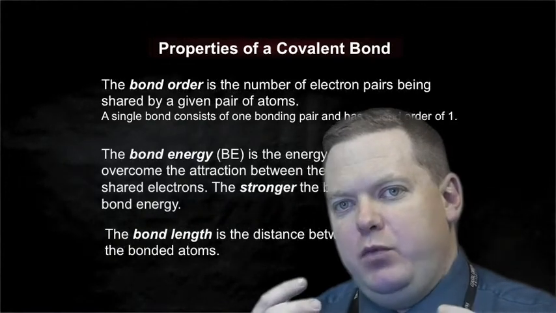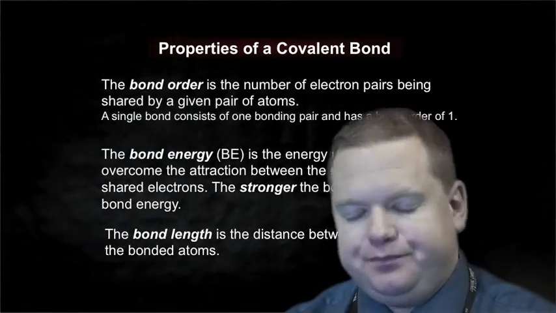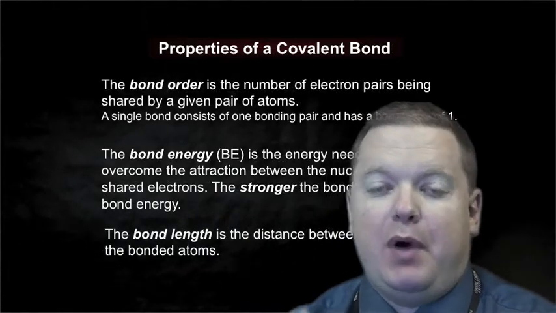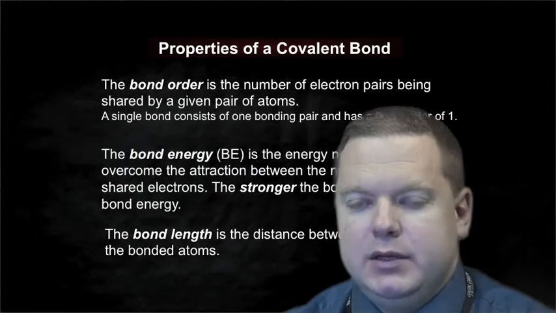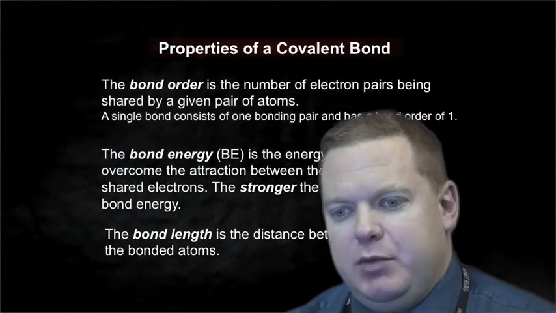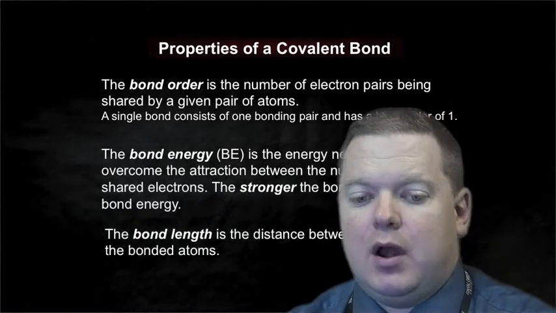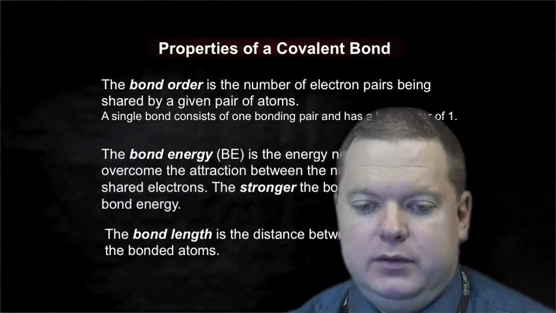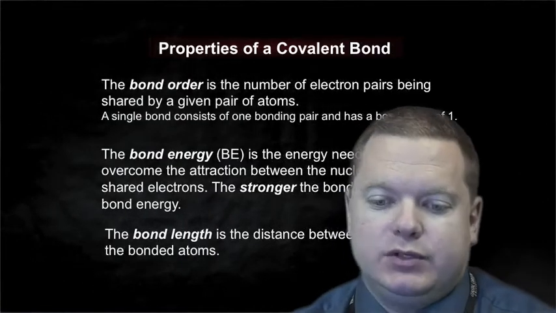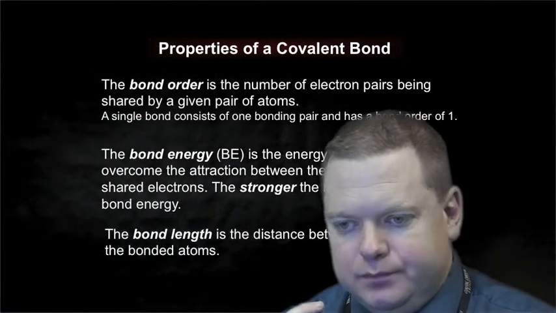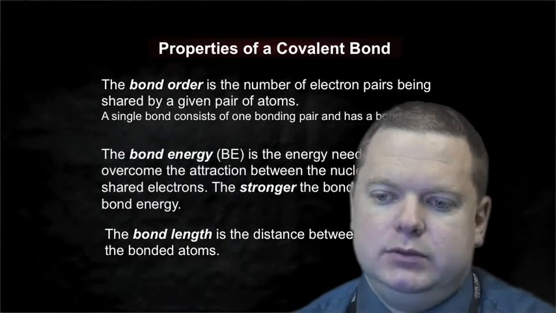And then we can relate how strong this bond is by the bond energy. The higher the bond energy, the stronger that bond. Again, this is a function of both the bond order, the number of shared pairs, but also the bond length, the distance between the nuclei. The further out they go, typically the lower the bond energies.